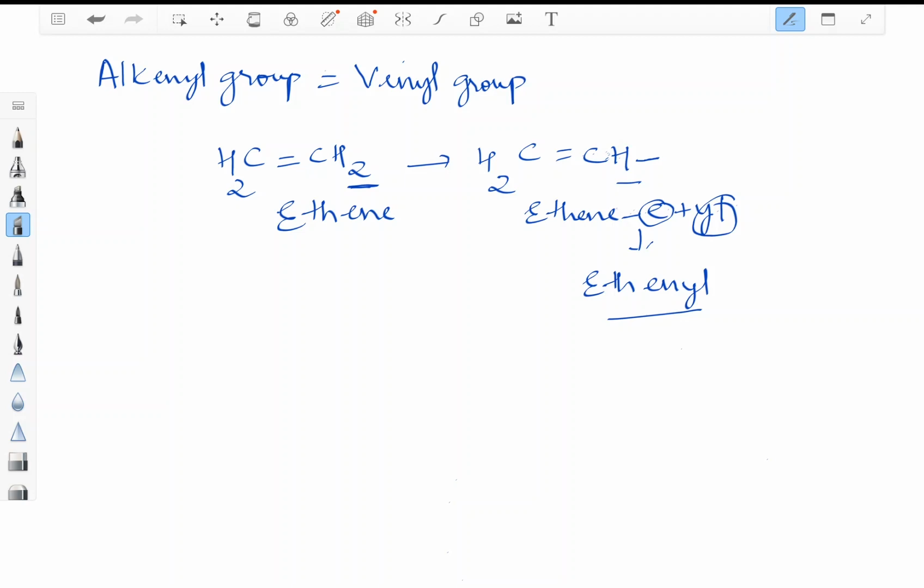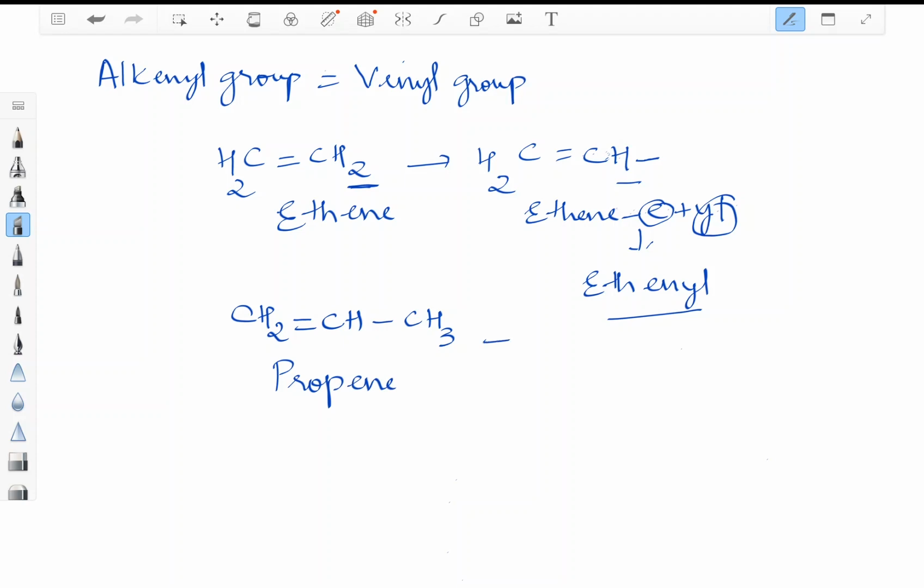The other example here is CH2 double bond CH single bond CH3. This is nothing but propene.